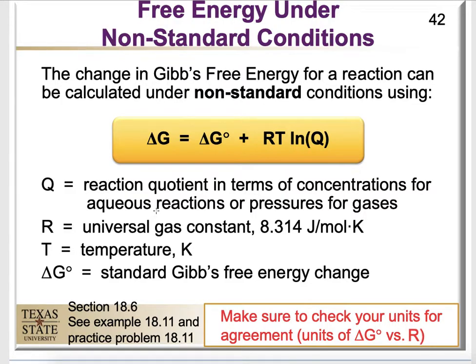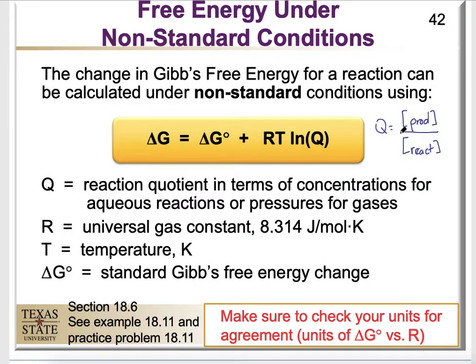That Q is the reaction quotient, which remember is calculated just like an equilibrium equation. That reaction quotient was basically equal to the concentrations or pressures of our products divided by the concentrations or pressures of our reactants, with each of them raised to their own coefficients.